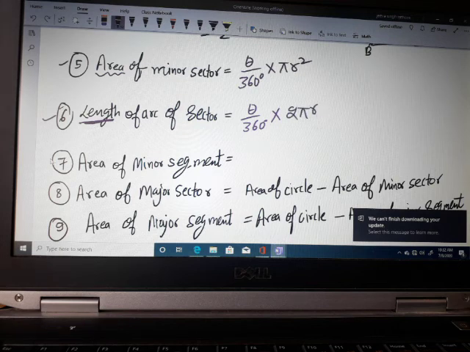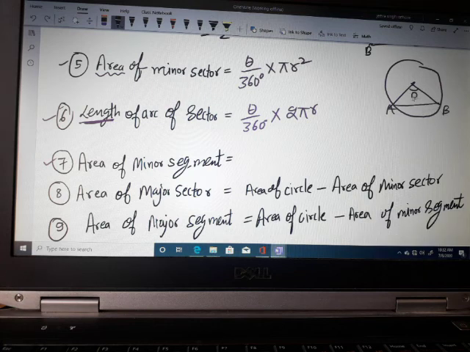Next formula was area of minor segment. This is the circle with center O. Suppose this is the chord AB. This angle subtends theta. So area of sector is the complete part. You already know in the lecture first, what is the area of segment? This is the area of this thing.